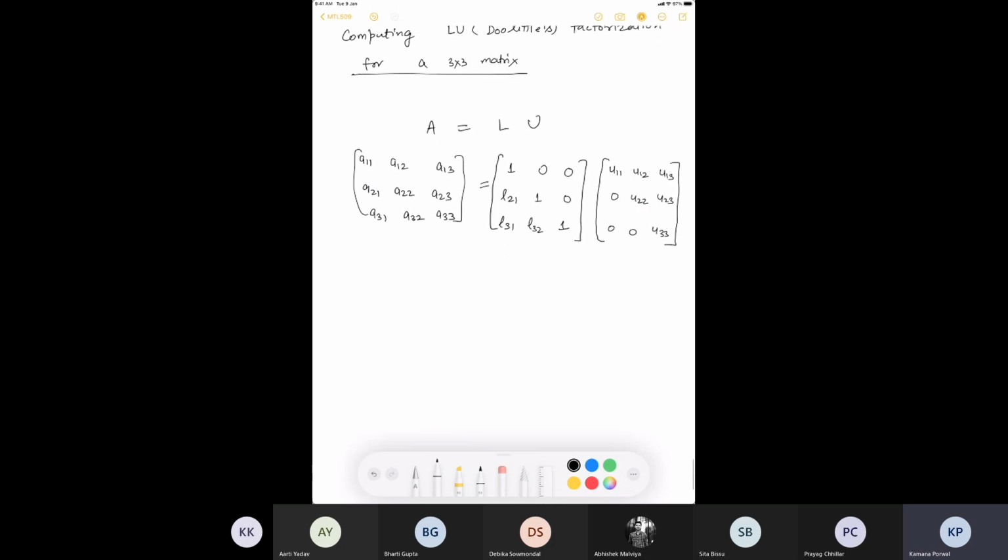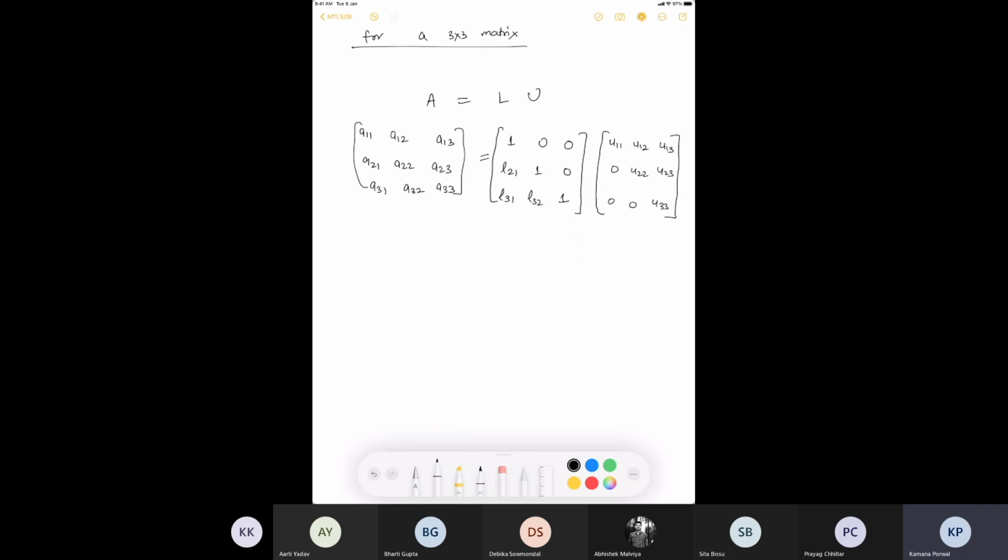So you simply have to do the matrix multiplication and observe. If you multiply the first row of L with the first, second, and third columns of U, since the first row is 1, 0, 0, I simply get U11, U12, and U13.